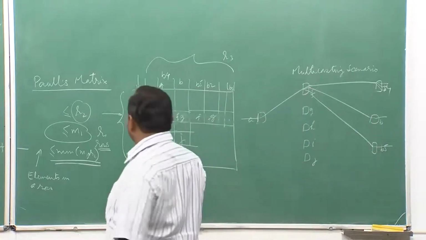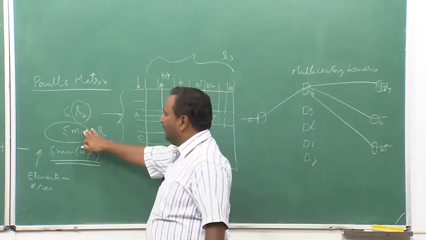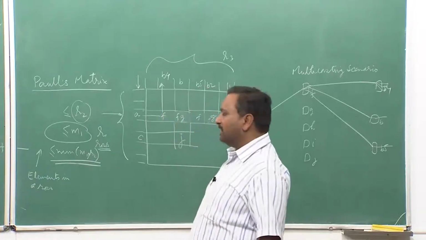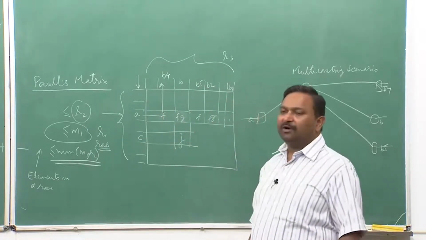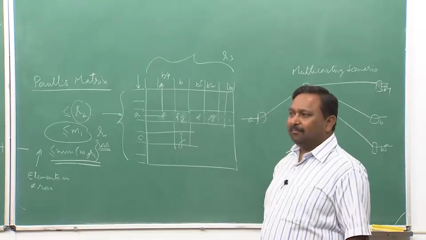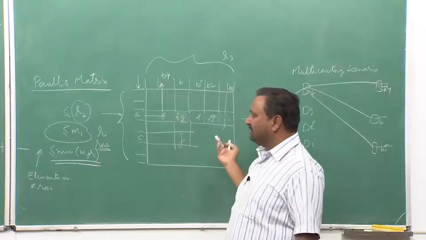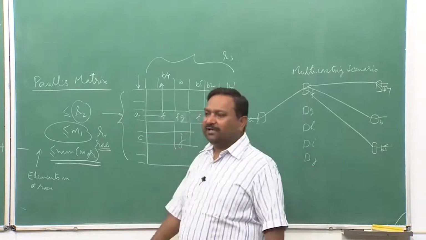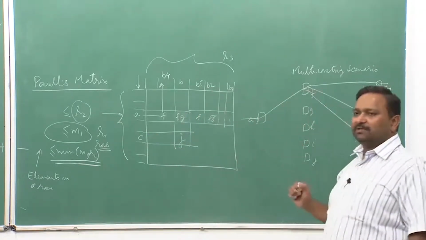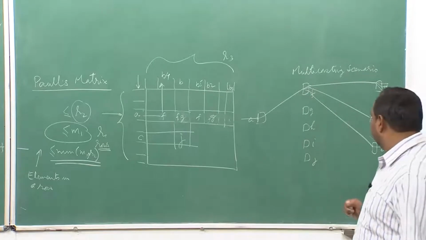So, the number of elements can actually be more than M1 and R2, and they may not be distinct, but the number of distinct symbols is limited. If the repetitions are counted only once, then this limit still has to be satisfied. Okay.